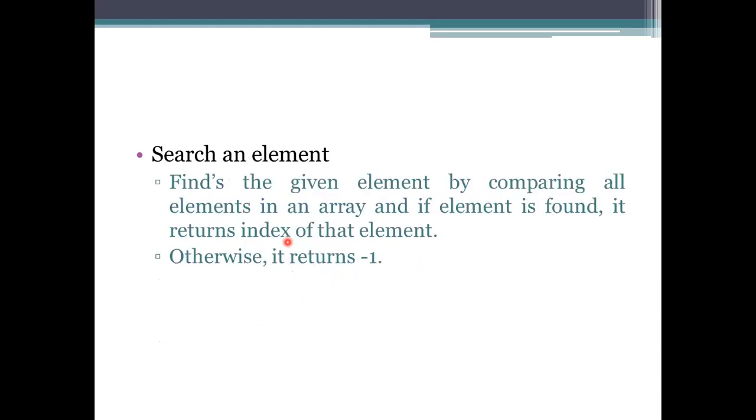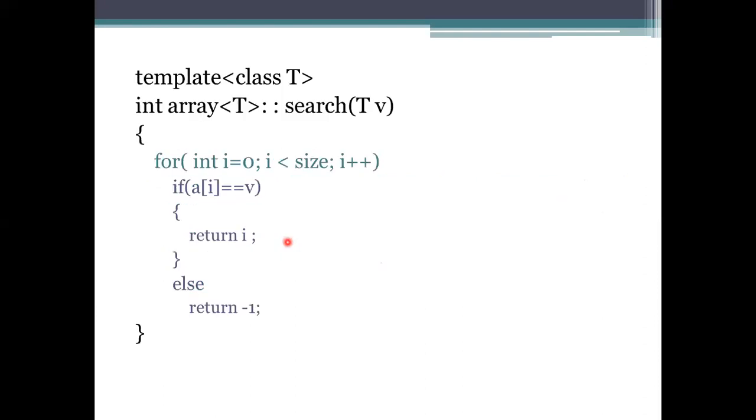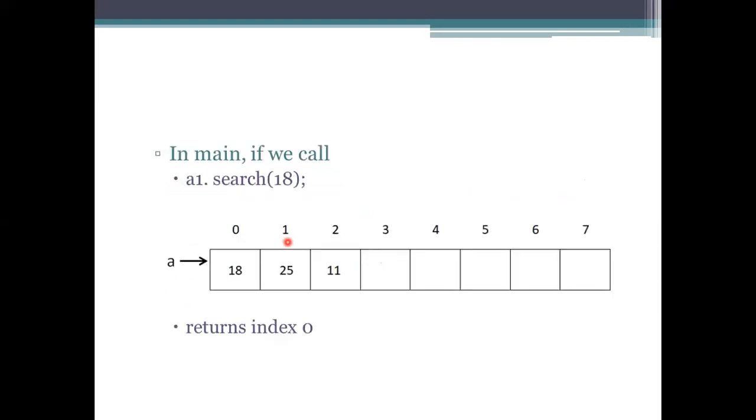If you want to search for an element, we go for this: the value of i is checked to see whether the value you are searching for is present at that index or not. I am searching for 18. It has to check whether a of i equals v or not. A of i means a of 0.